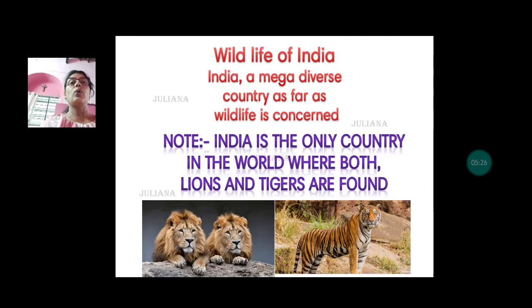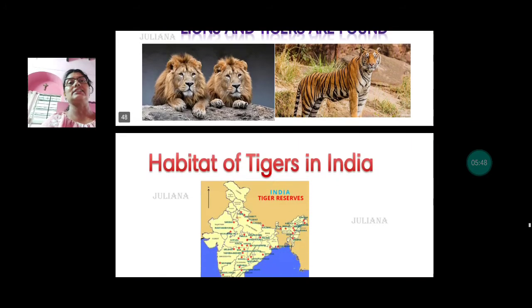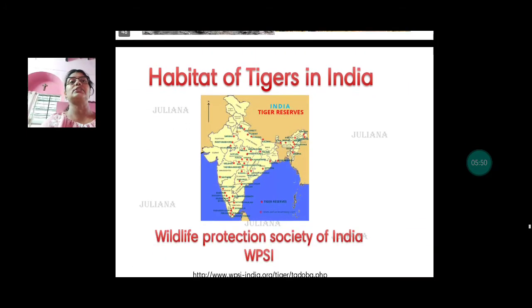India is the only country in the whole world where we find both lions as well as tigers. Tigers are found in Brazil, but lions are not found in Brazil. So if there is an odd one for Brazil, lion will be the odd one. And in the entire country, India is the only country where we have both lions as well as tigers. And tiger is our national animal as well.